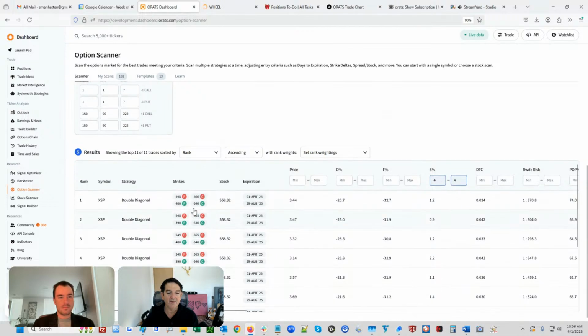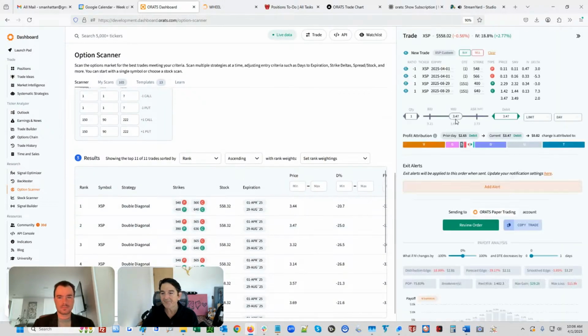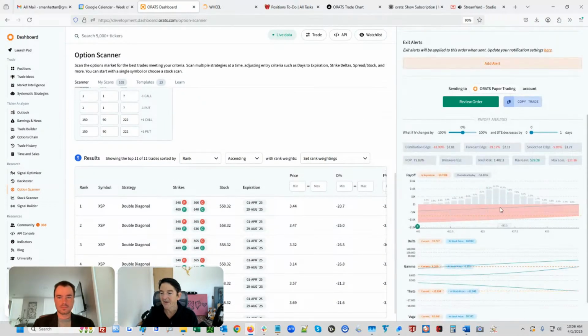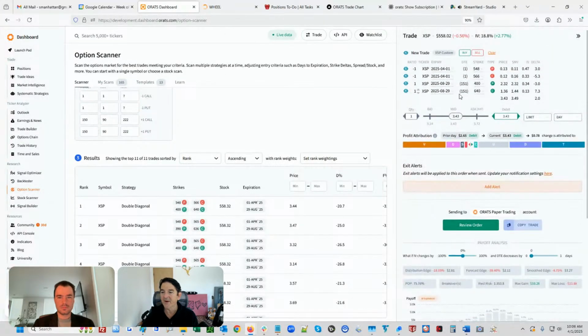If I click on one of these, it doesn't even show up in the distribution, the strikes are so wide. So in this case, you're short today basically, and ORATS shows 1 DTE.